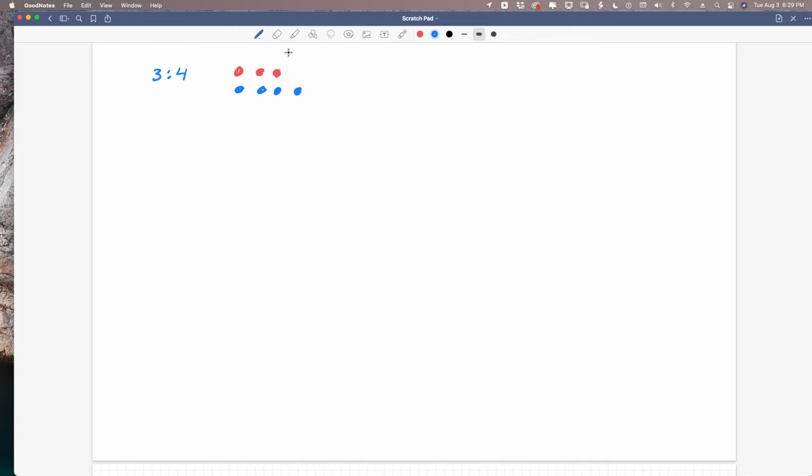Now, we can't say that we have 3 out of 4 representing the red. That's not exactly right, because the total number of marbles in the ratio is 7. We have 3 red and 4 blue. So 3 out of 7 are red and 4 out of 7 are blue.